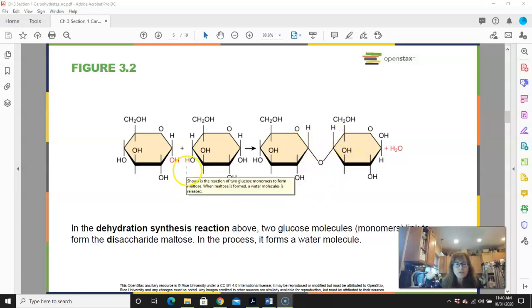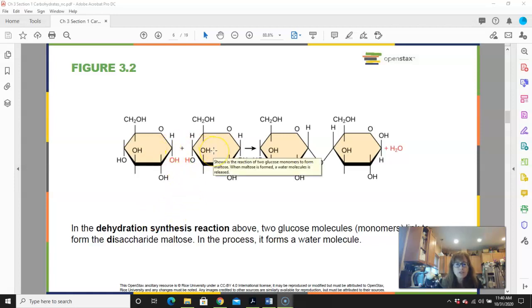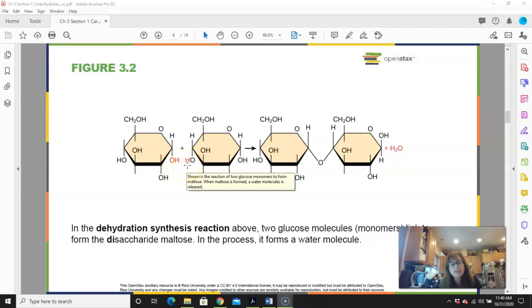But how they join is through the loss of a water molecule, and that's called dehydration, having to do with the water, synthesis, meaning putting together. So a dehydration synthesis is going to combine these two monomer units, monomer meaning in this case a monosaccharide, and another monosaccharide, and through the removal of water, that we can see where that comes from, this OH on this molecule, this hydroxyl group here, and the hydrogen from the adjacent hydroxyl group are going to join and be removed, and the consequence of that is what you see over here.